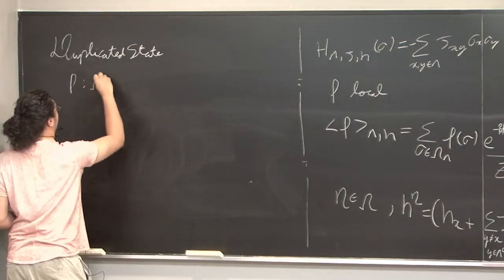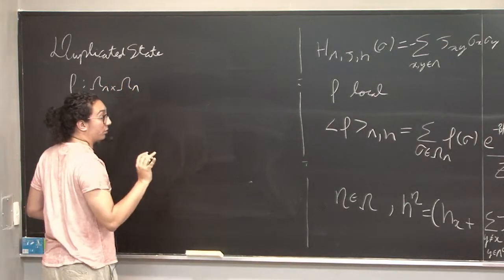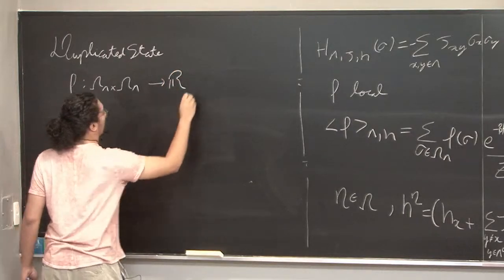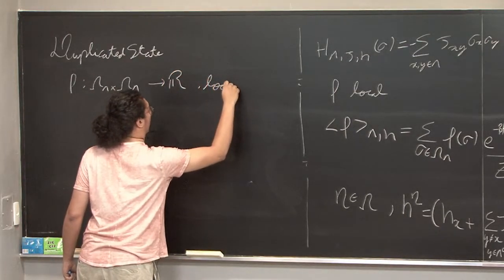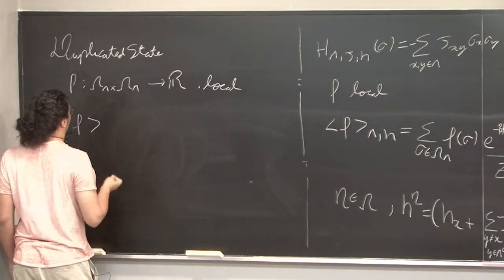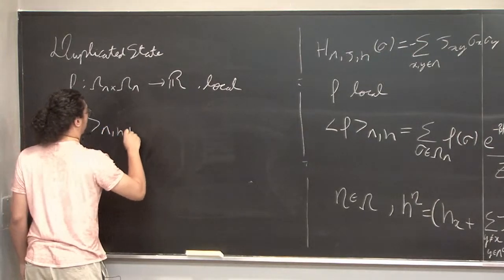Now the state space is different, but the definition of local still holds, it's the same definition of local you saw, on the state space of F. Here I'm going to write down both external fields.